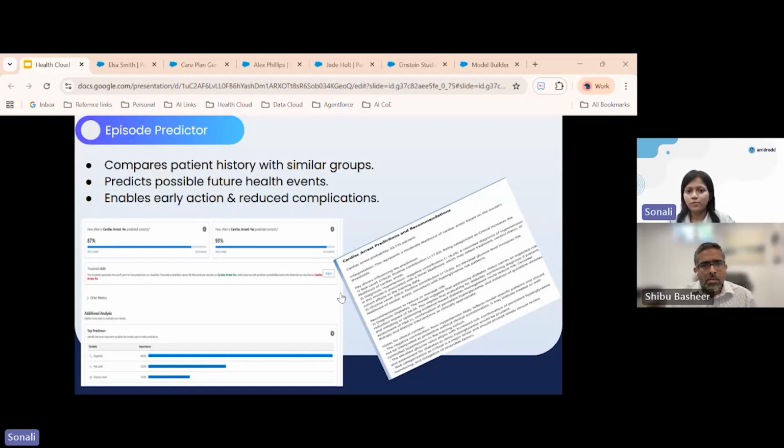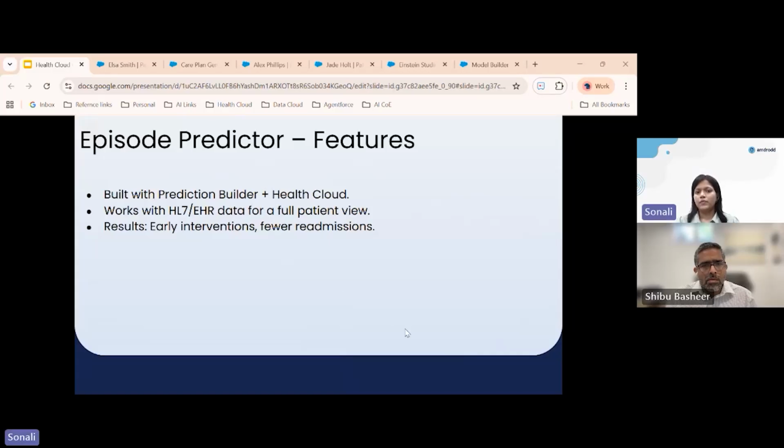It can catch problems before they turn into an emergency. As I mentioned, technically, it is built with Prediction Builder on Salesforce Health Cloud. It also works seamlessly with HL7 and EHR data, so the clinicians can get a complete patient view in a single place.